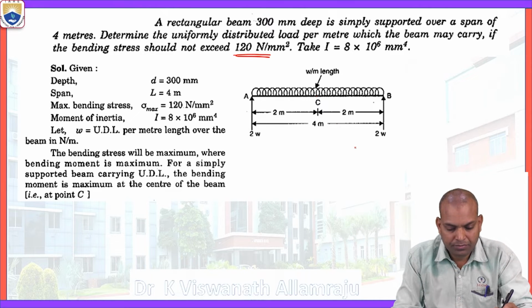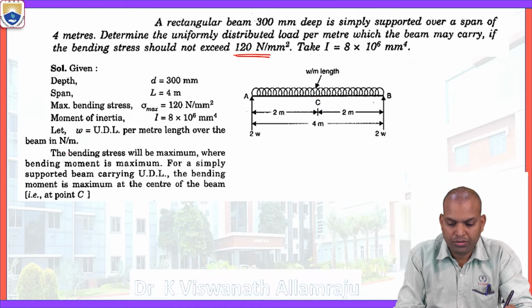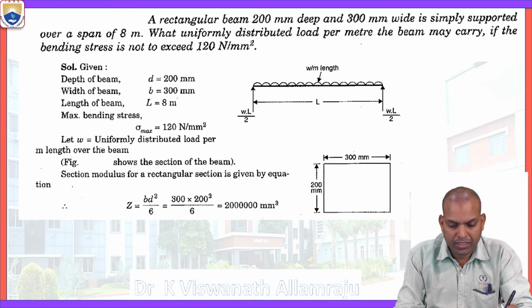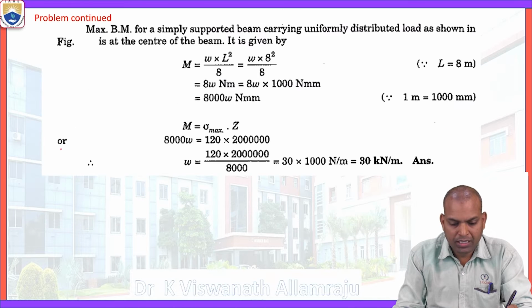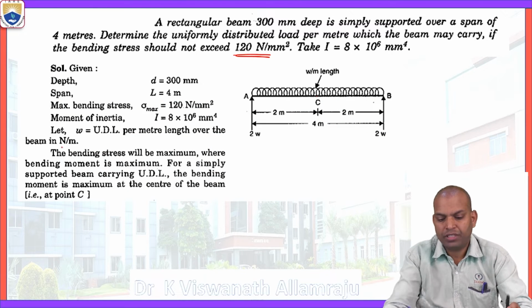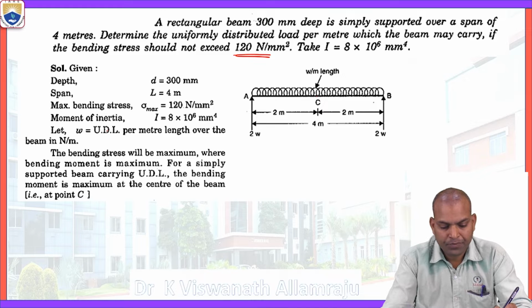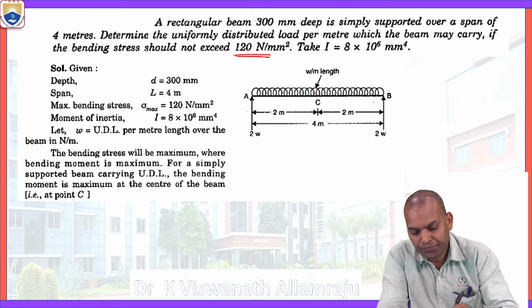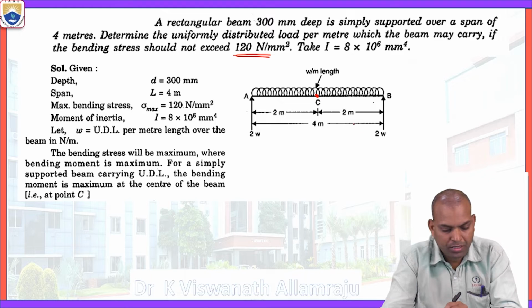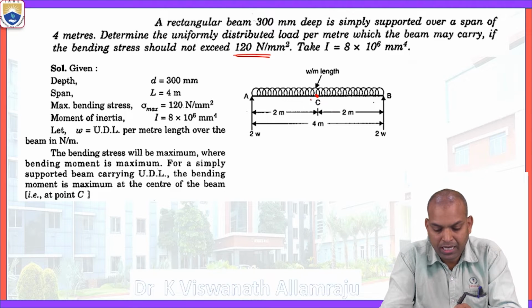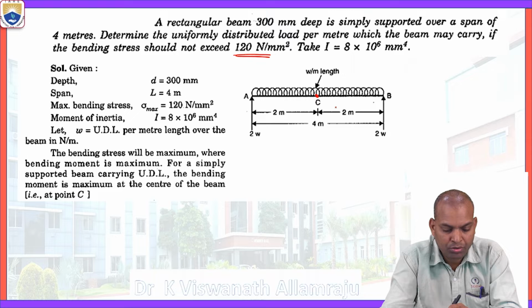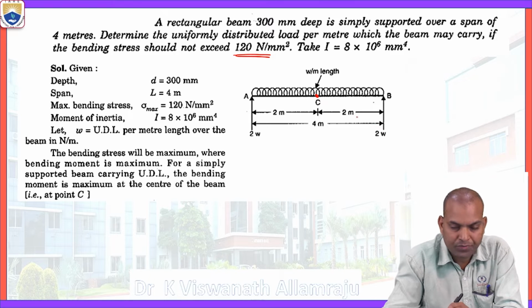So here we have to find out the uniformly distributed load the beam can carry. The bending stress is maximum at the midpoint C, for a simply supported beam carrying uniformly distributed load throughout the span.